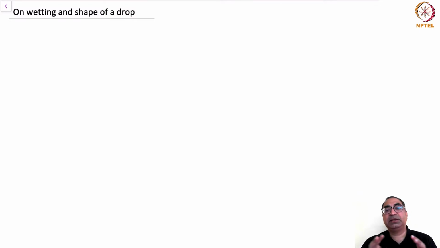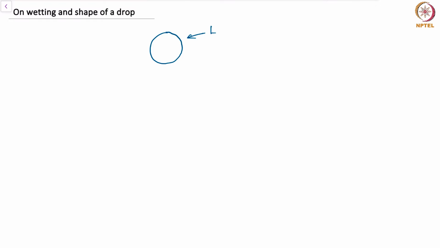So let us begin by looking at what would happen if a droplet is brought near a surface. So consider a liquid droplet. This is a liquid drop that is brought near a horizontal surface.